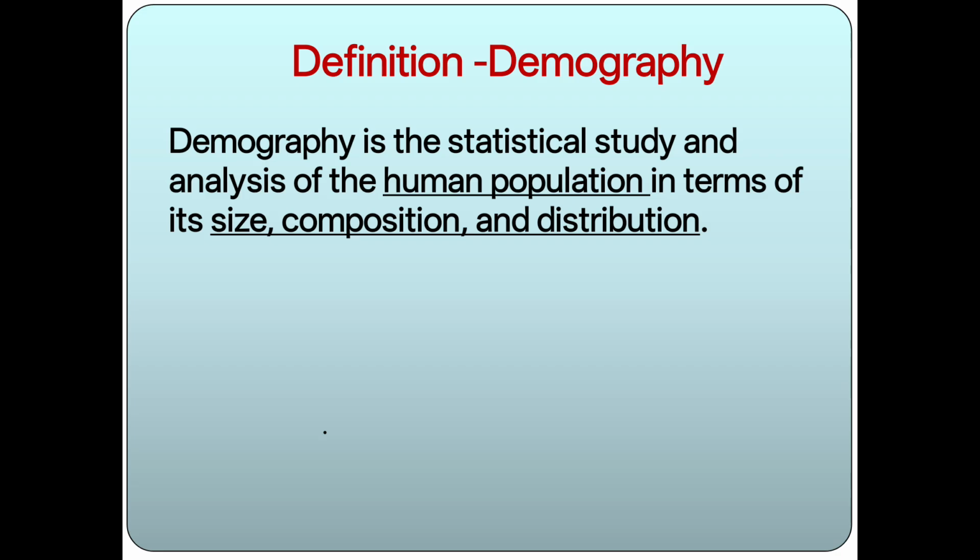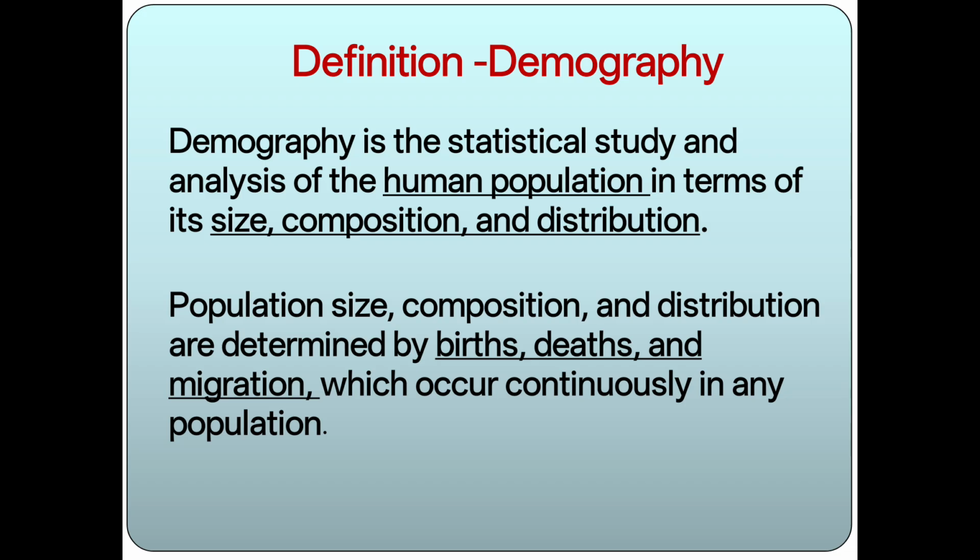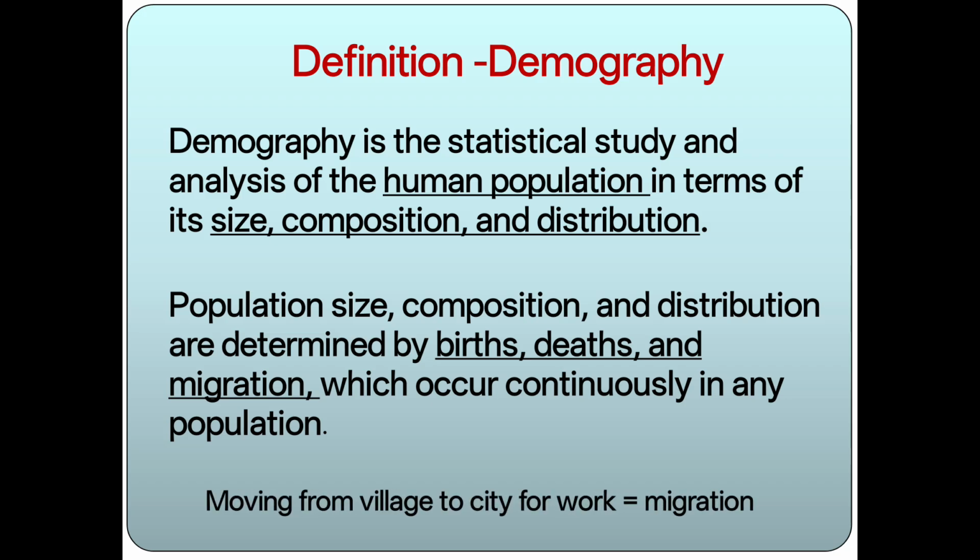We'll have a little extension. Population size, composition and distribution are determined by births, deaths and migration, which occur continuously in any population. Migration, in the sense of moving from village to city for work or other conditions.